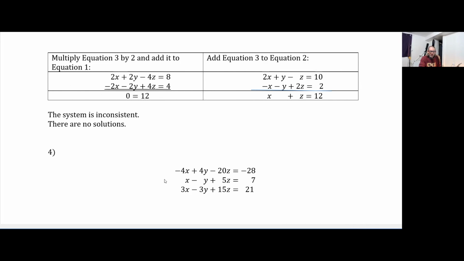Whereas if I multiply equation 2, everything by negative 3, I'd get negative 3x, which would cancel with this, plus 3y canceling with this, and negative 15z canceling with this, all the variables dropping out. Also multiplying this by negative 3, I'd get negative 21, canceling this out. So with both pairs, I get 0 equaling 0. In this case, we have infinitely many solutions.